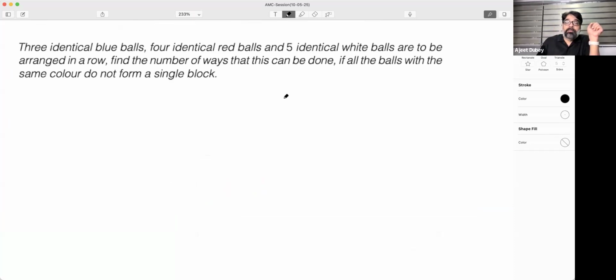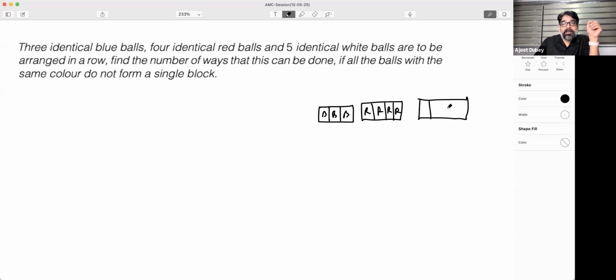See, 3 identical blue balls, all these are blue, and 4 identical red balls, red is there 4, and 5 white balls. Now we have to derange so that B should not come as a single block. They should not come together.